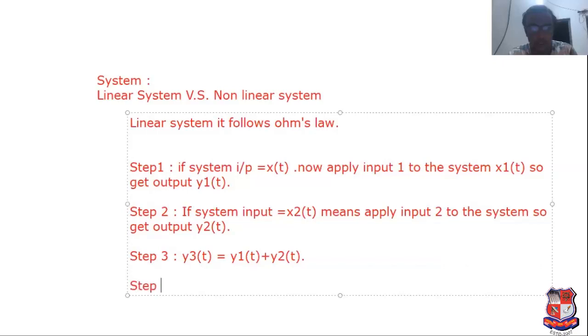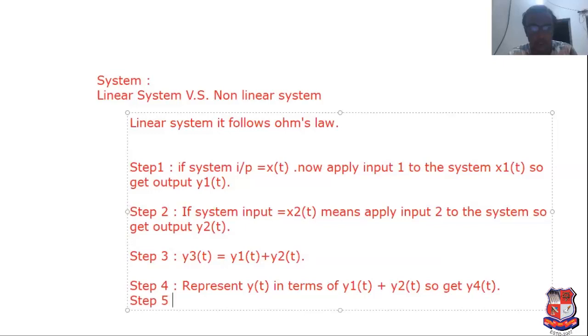Step 4, represent y of t in terms of y1 of t plus y2 of t, so get y4 of t.